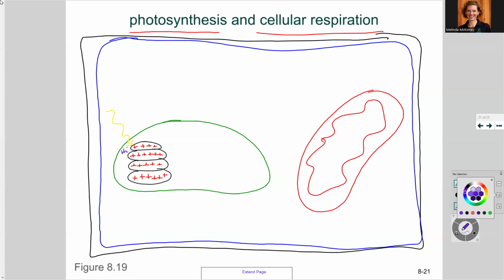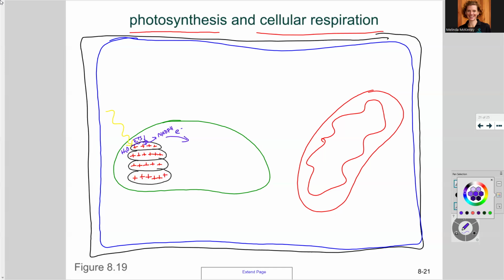Okay. The electrons are going through an electron transport system, and that pumps in hydrogen ions. The electrons ultimately go to NADPH, which is an electron carrier that's going to take these high energy electrons to the next stage.